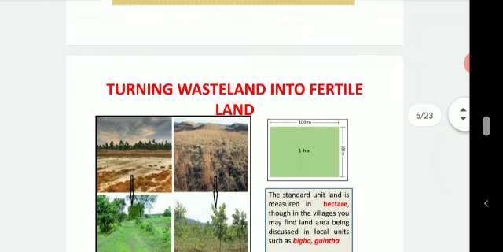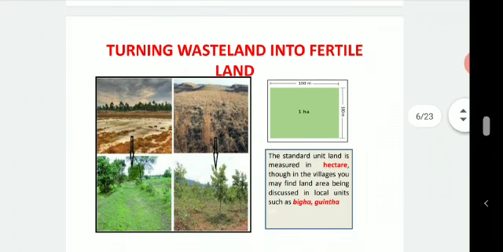So, the only way to increase land under cultivation is to convert wasteland into cultivable land. However, wasteland is also limited, so this can increase land area only marginally.